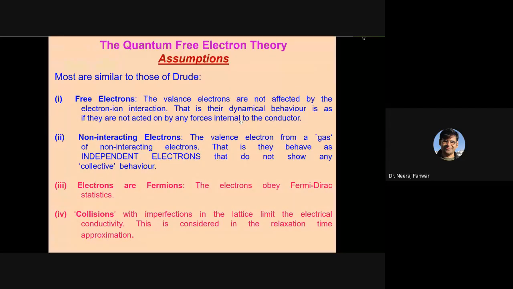By this, I mean that an electron does not interact with other electrons, and also does not interact with the positive ion cores. But in the Sommerfeld theory, the electrons are treated as fermions, and their behavior is governed by Fermi-Dirac statistics and the Pauli exclusion principle.